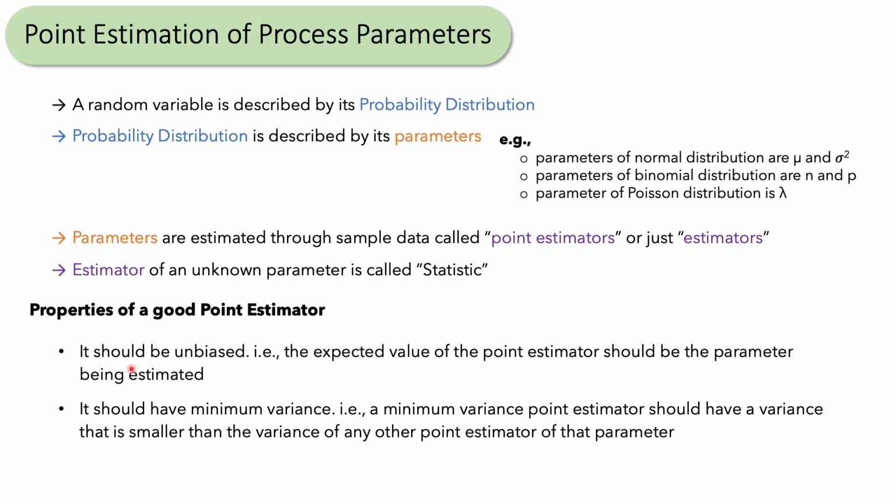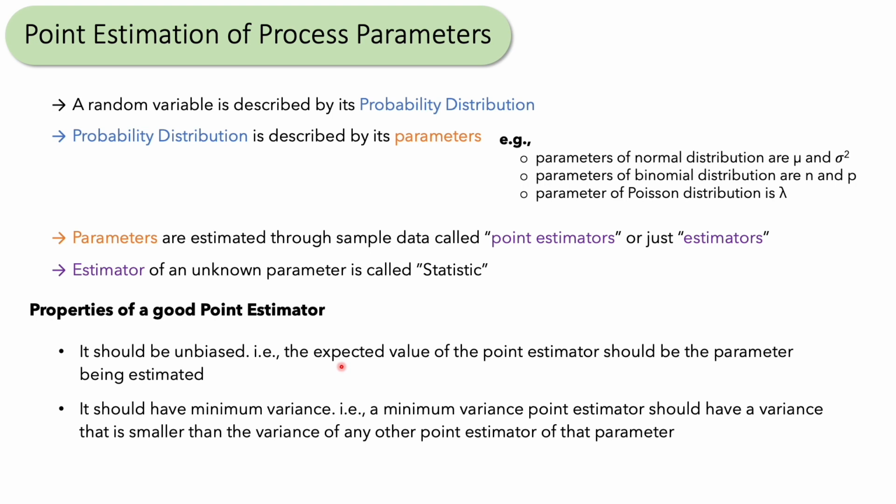One is that it should be unbiased, meaning that the expected value of the point estimator should be the parameter being estimated. They both must be the same. For example, sample mean is a good, unbiased point estimator for the mean of the probability distribution.